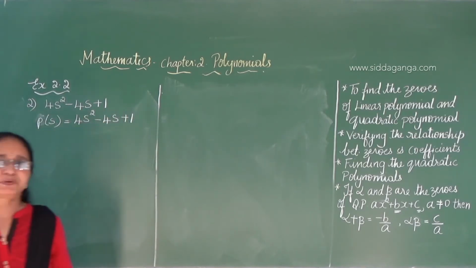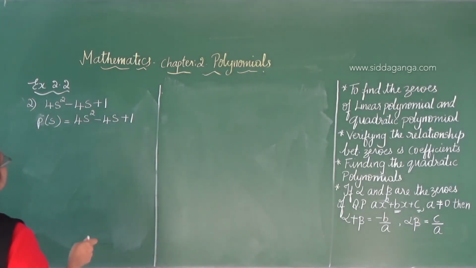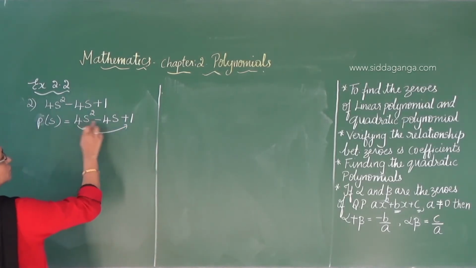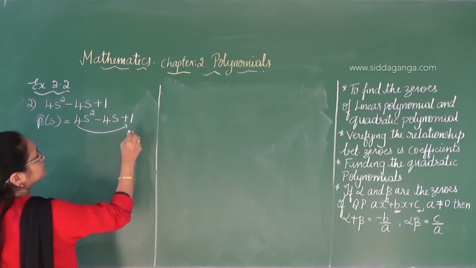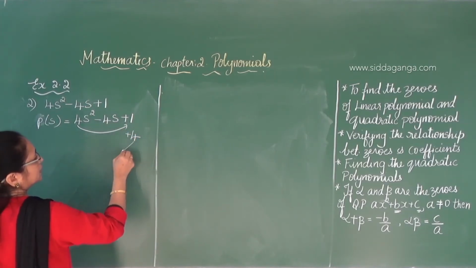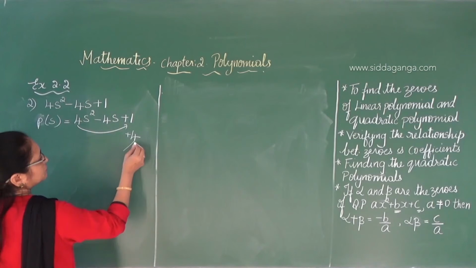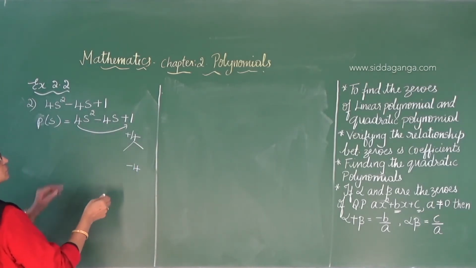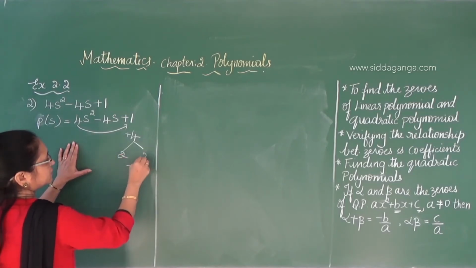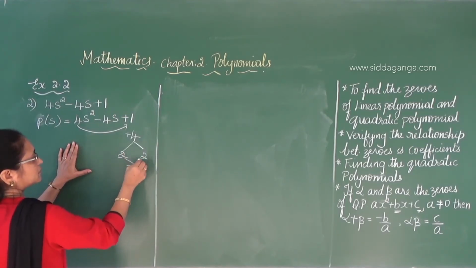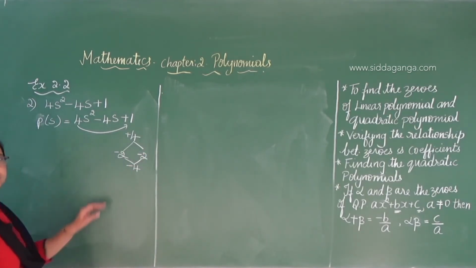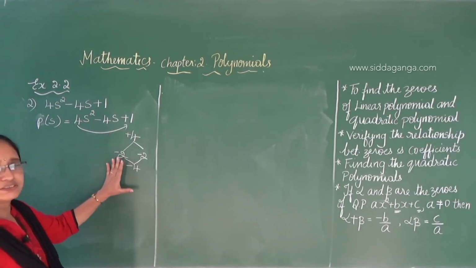Now, splitting the middle term. I hope you can remember this, 4 into 1 is 4, and when we split, you have to get again minus 4 here. So, 2 2s are 4, but to get minus 4, I have to take both minus. All this I have studied in 9th standard also.